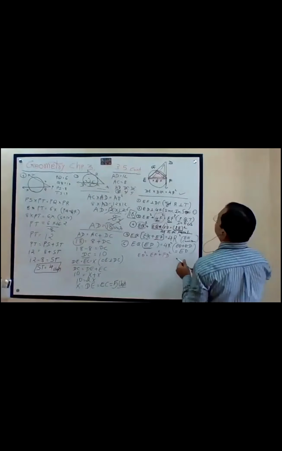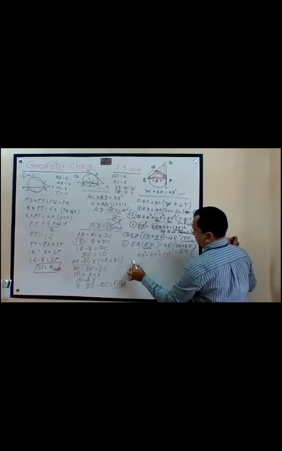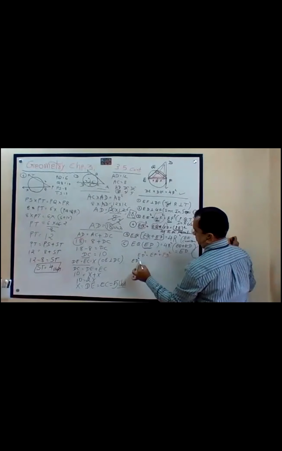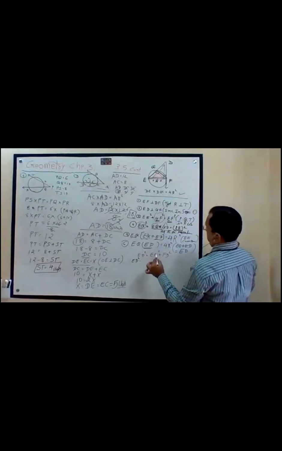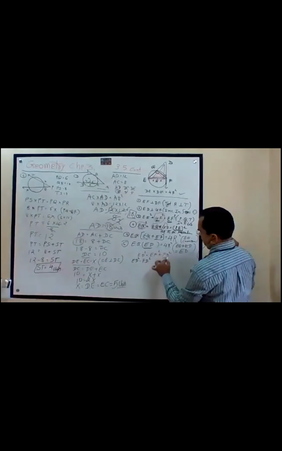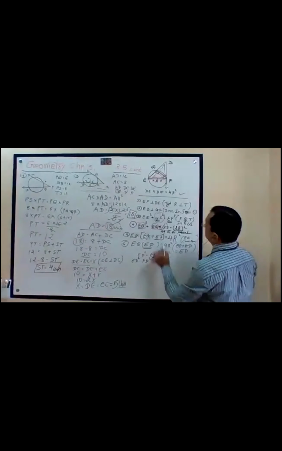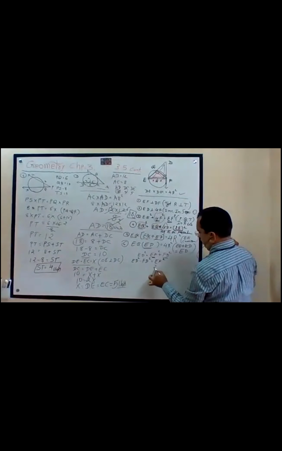Then ED square will be the same. Minus FD square. This I have taken this side. And EF square. EF again is 2r.